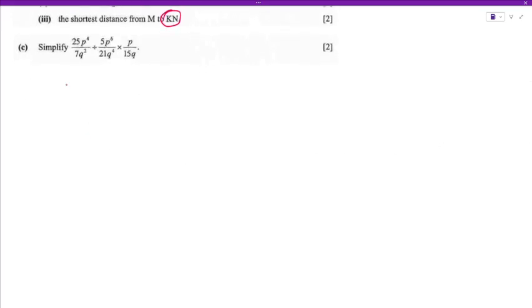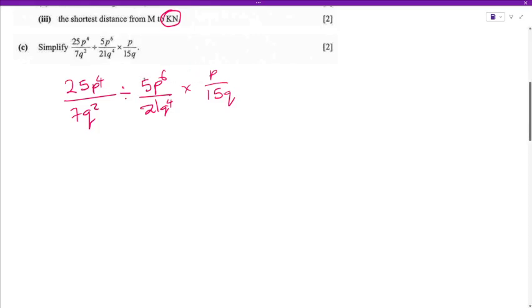It's saying 25 p to the power 4 over 7q squared divided by 5 p to the power 6 over 21 q to the power 4, and then times p over 15 q.